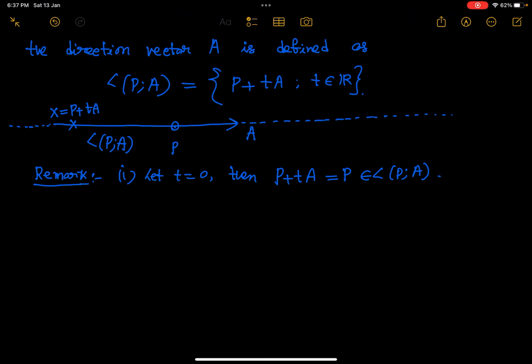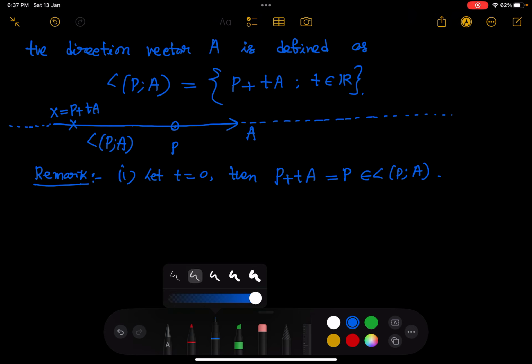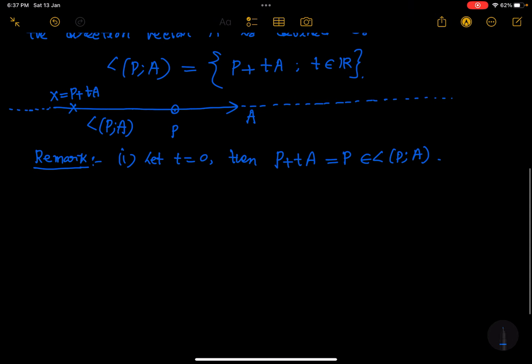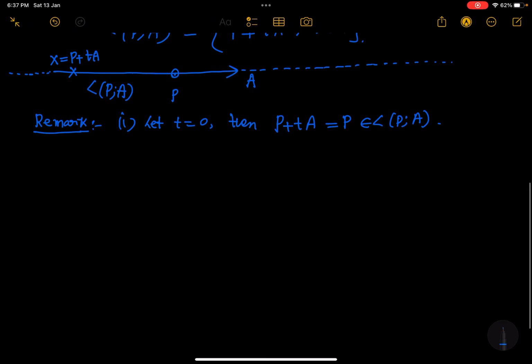In particular, it has this form for every t belongs to R, so if we take t equal to 0, we get P plus tA is nothing but P. That means P is one point on the line.